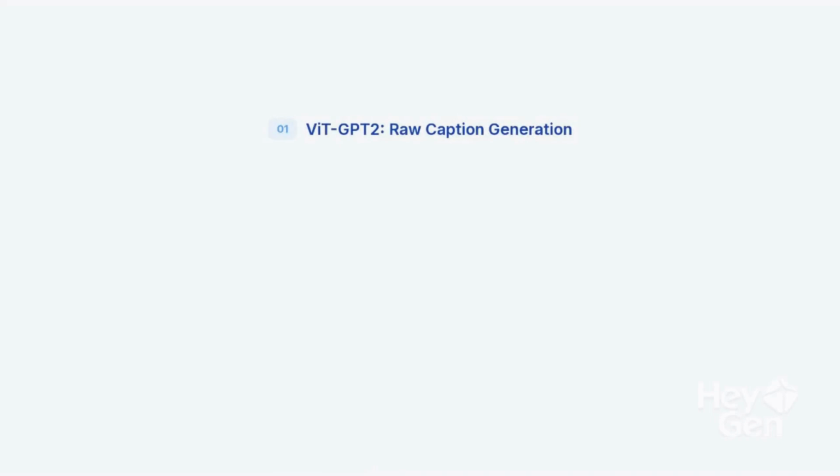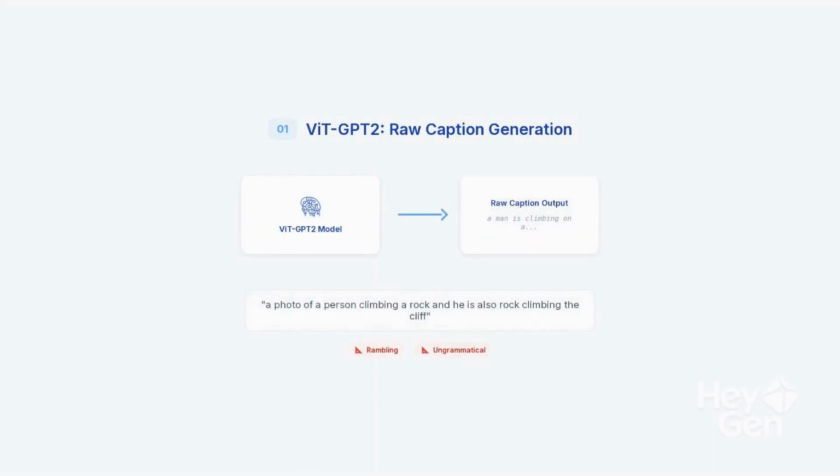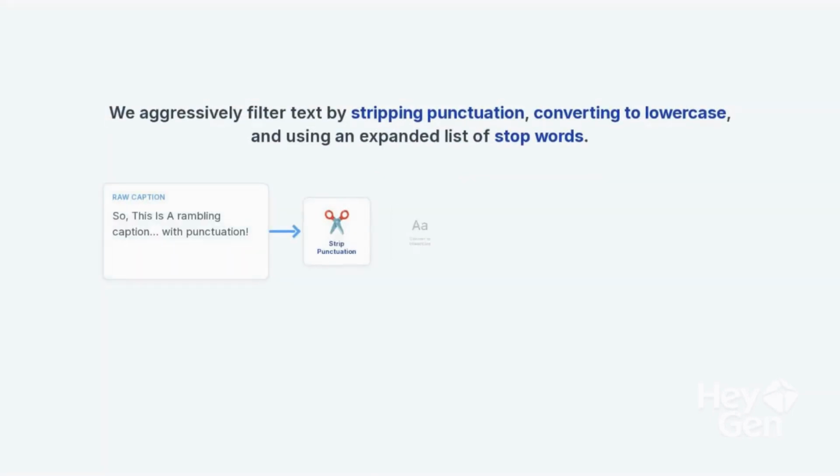To achieve a professional, production-ready result for captions, we implemented a 3-stage inference pipeline. The first stage involves our ViT-GPT-2 model generating a raw caption, which can sometimes be rambling or ungrammatical. To fix this, we aggressively filter the text by stripping punctuation, converting to lowercase, and using an expanded list of stop words.